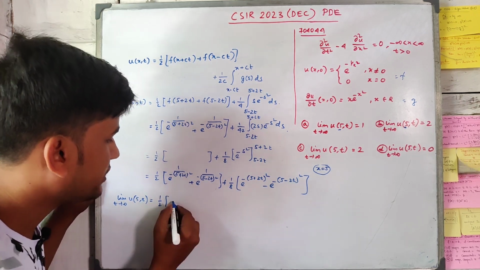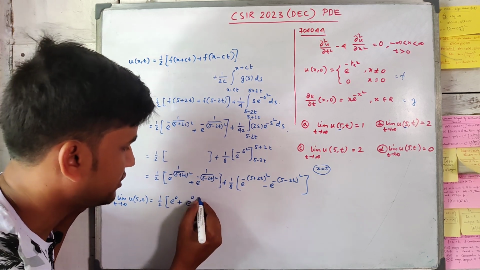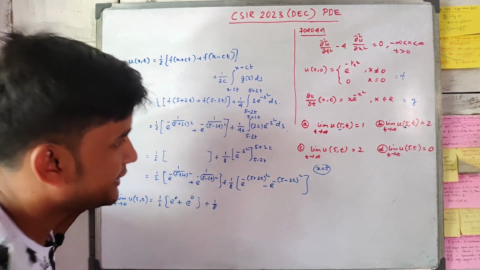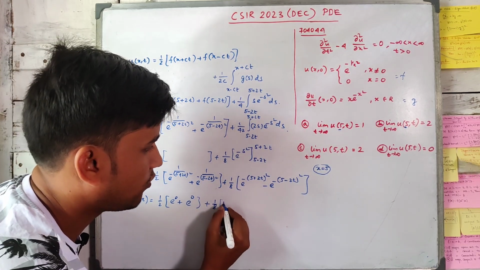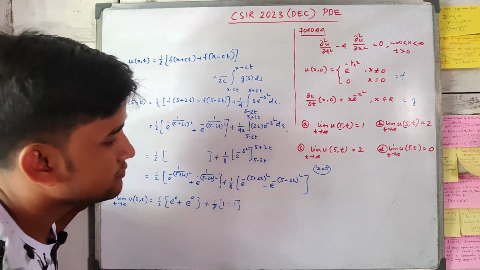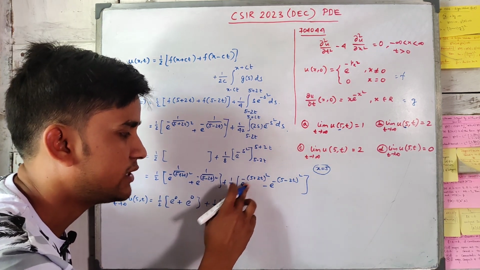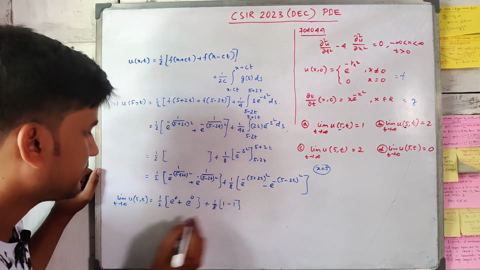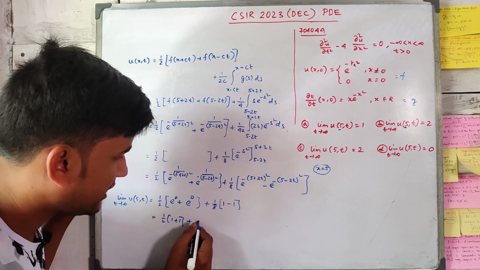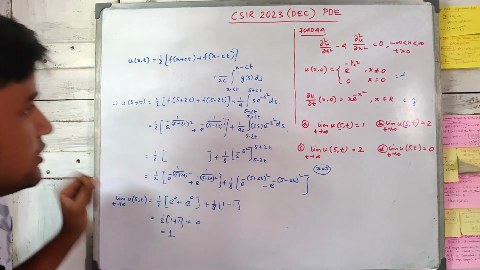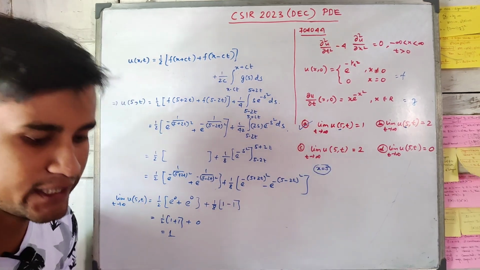That means e to the power 0 plus e to the power 0, plus 1 by 8 into e to the power minus this term, which goes to 0, so e to the power 0 is 1 minus 1, so this term completely goes to 0. So half into 1 plus 1 plus 0 is equal to 1. So the correct answer is option 1.